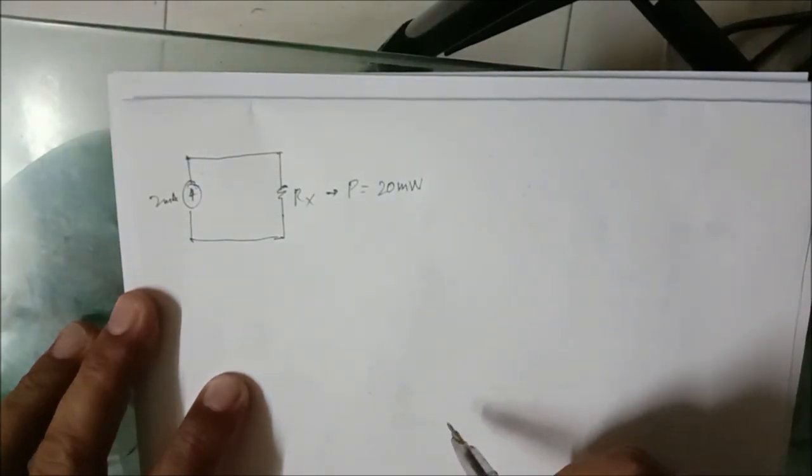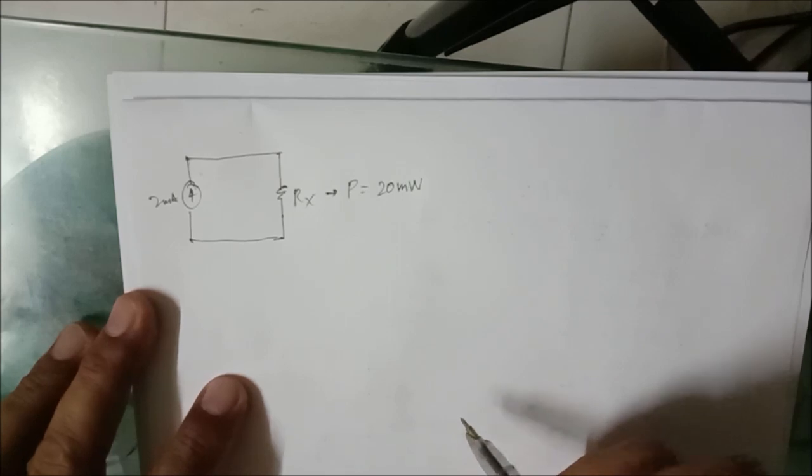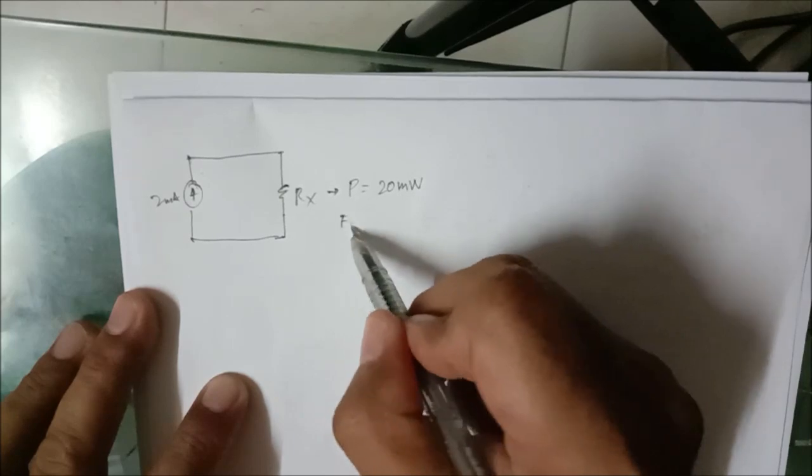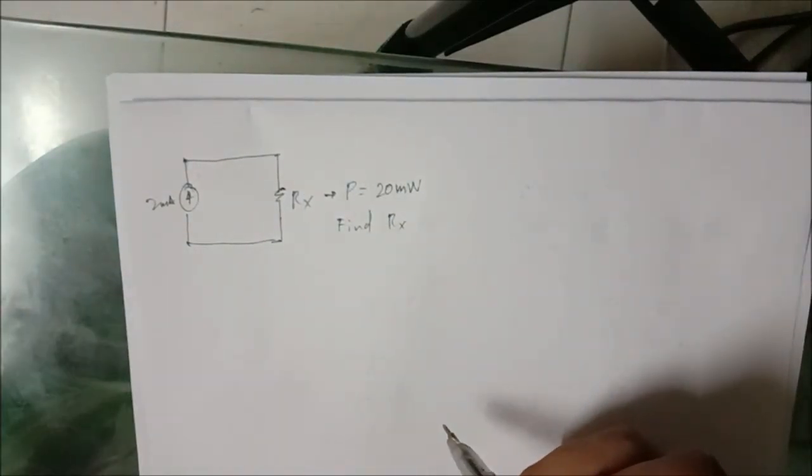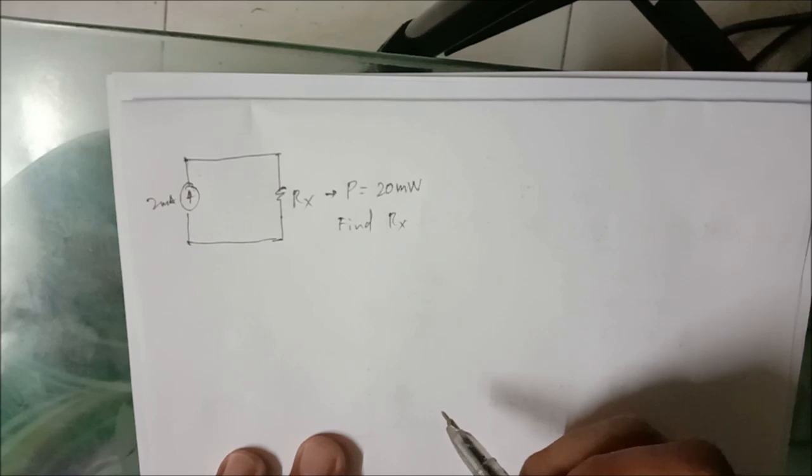So, ano po ang pinapahanap? In the network, the power absorbed by R sub X is 20 milliwatts. Find R sub X. Okay? Alamin natin si R sub X kung ano yung magiging value.